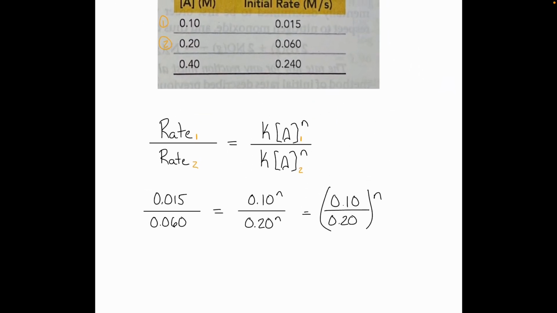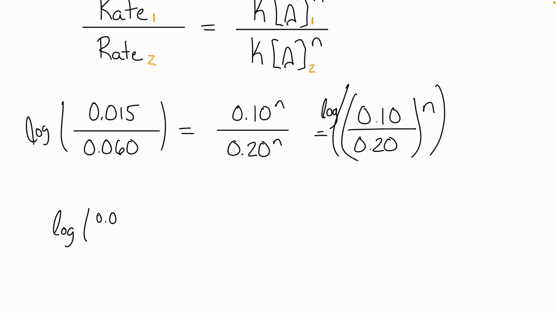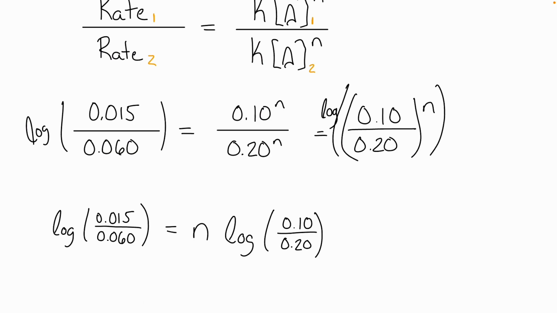All right, so make sure that you can see how I filled in my expression here. On the left-hand side, I have the ratio of those rates. And on the right-hand side, I plugged in the concentration of those two data points. Again, my goal is n, so I'm going to take the log of both sides. And by taking the log, I can pull out that n value.